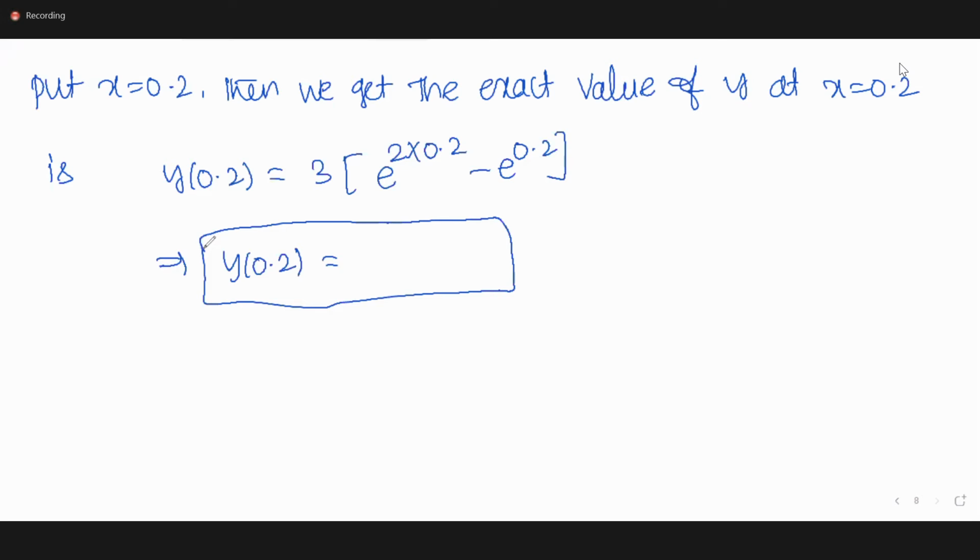It is 0.811265. Numerical value is 0.811. Exact value is 0.811265.